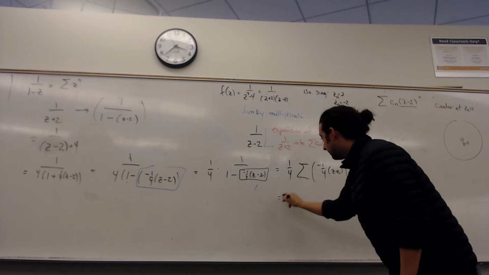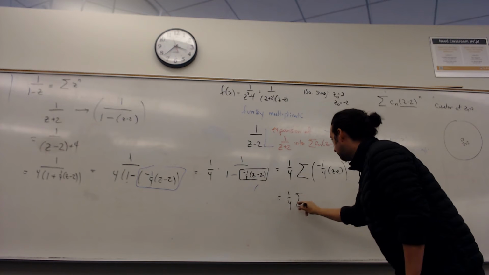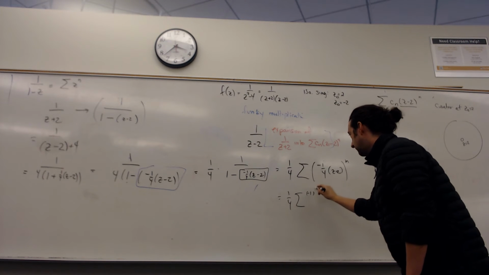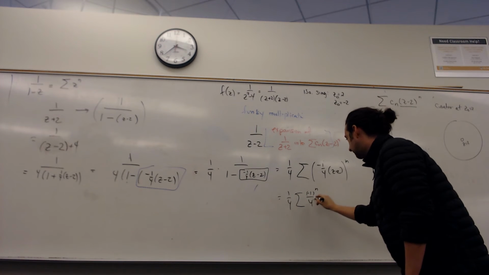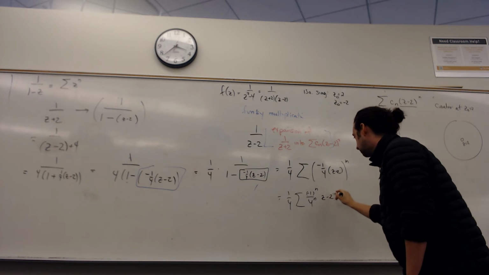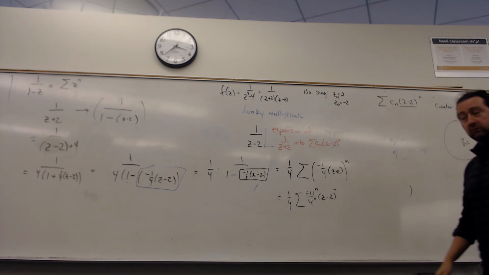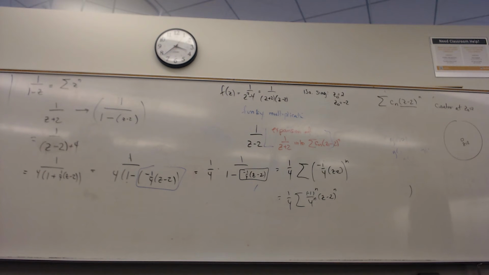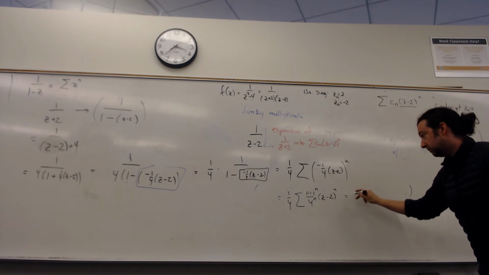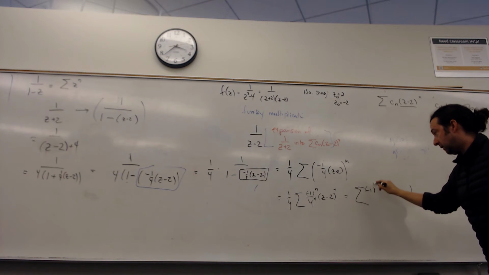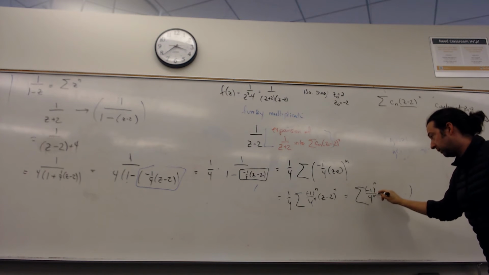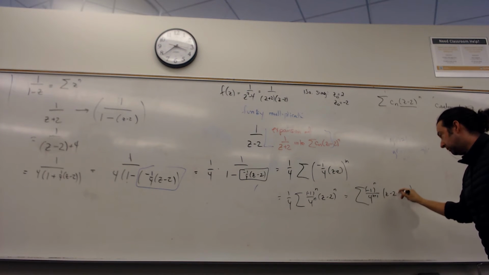So this is 1/4 times the sum of minus 1 to the n over 4 to the n times z minus 2 to the n, which is, can't leave anything hanging outside, minus 1 to the n over 4 to the n plus 1, z minus 2 to the n.